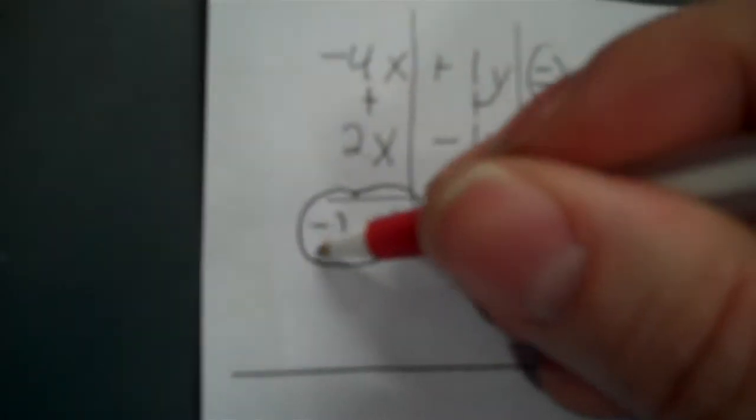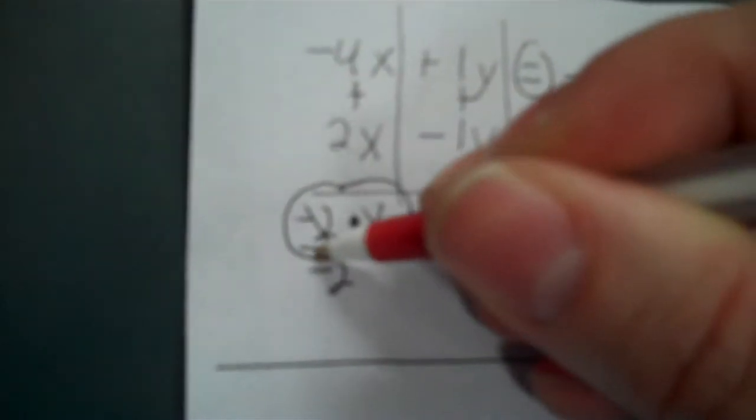Underline that, put negative 2, then underline this, put negative 2, and now you have solved for your X, which is the only one I want in that one. I take negative 8 divided by negative 2, and that's 4. So X is 4. As far as Y, we'll go over that another time. It's the first day back from break.